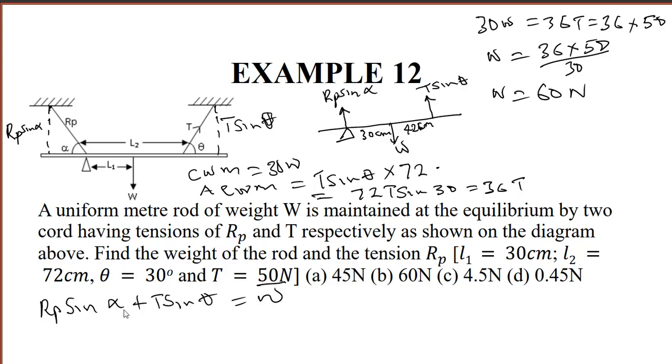We have two unknowns. So either they supply us with alpha in order for us to find RP. We know T, we know theta, we know W, so we can only find RP sine alpha. We can't find the rest. If we were given either RP or alpha, we could have calculated the other.